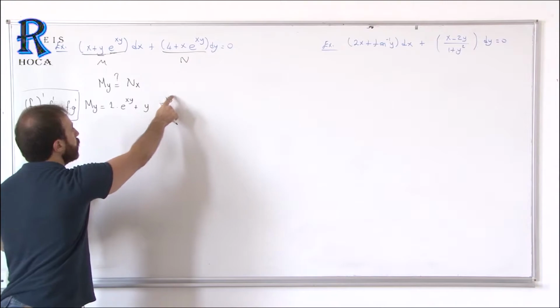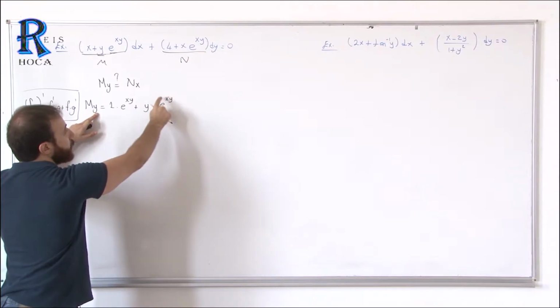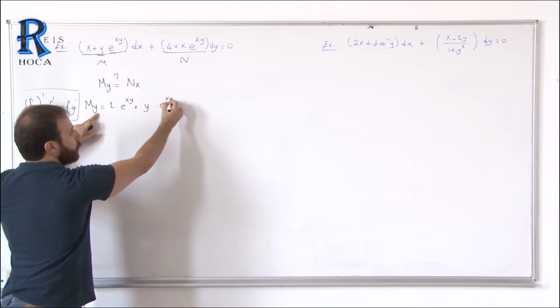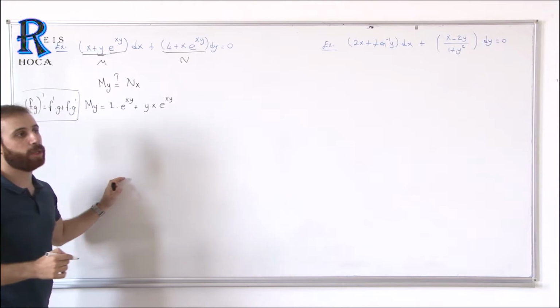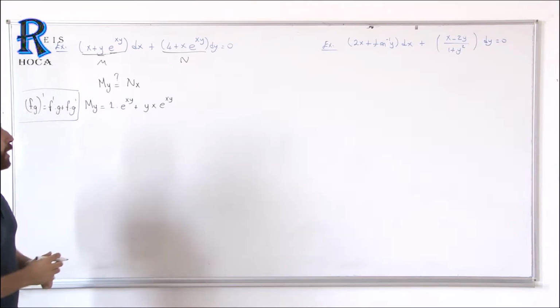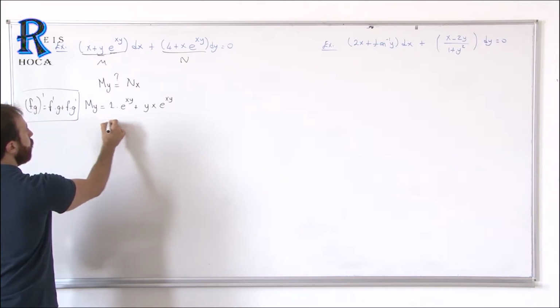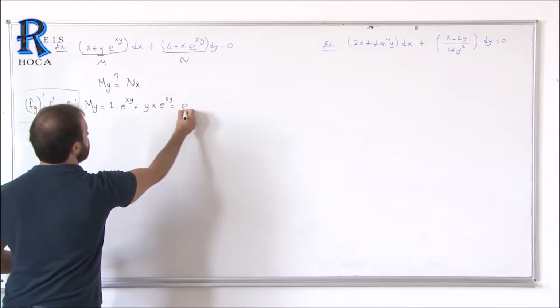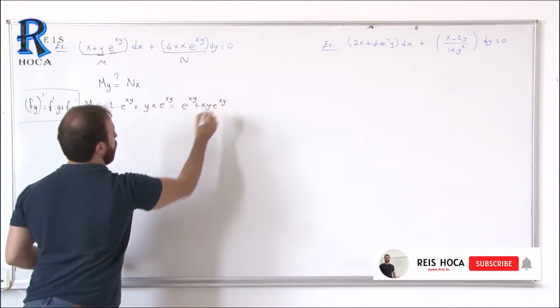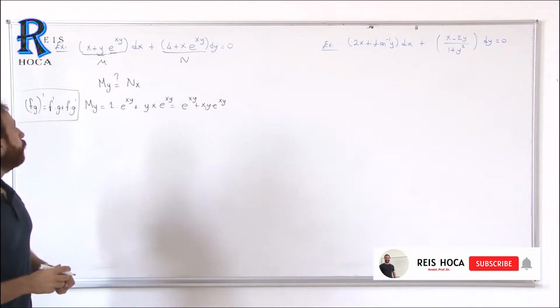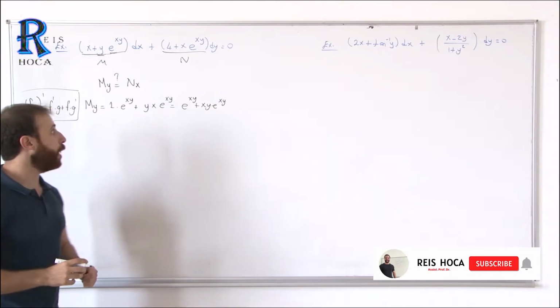Derivative of power xy with respect to y, derivative of y equals 1, x times 1 is x. So it will be yx e^(xy). So M_y equals e^(xy) plus xy e^(xy). This is the derivative of M with respect to y.